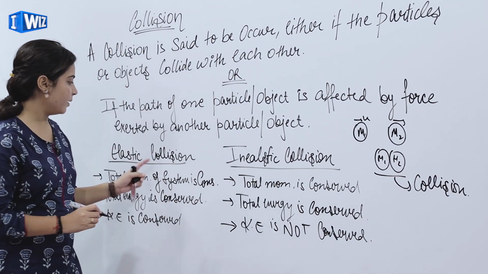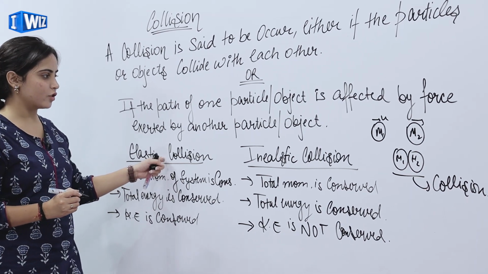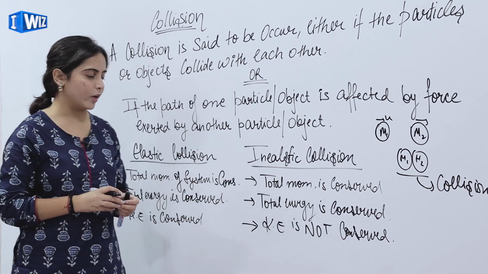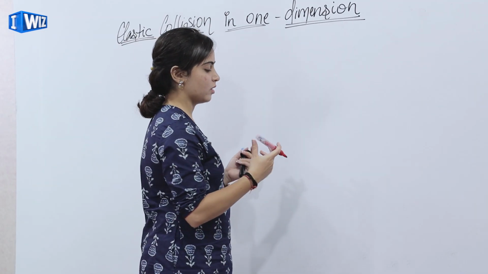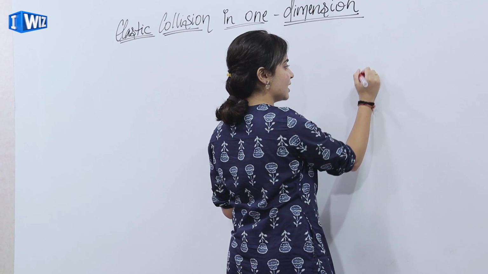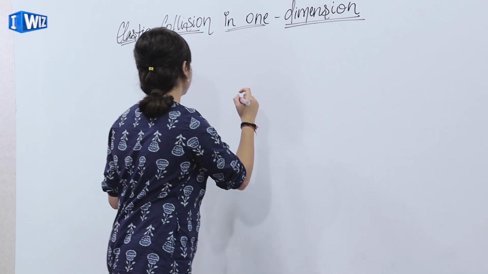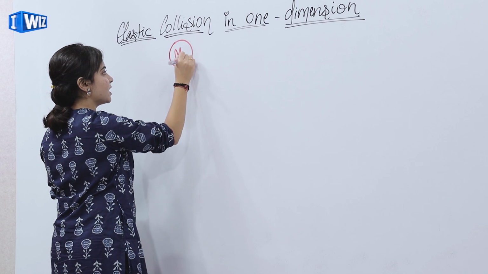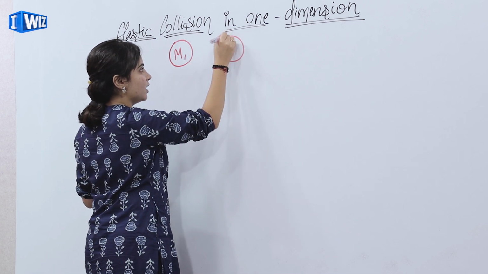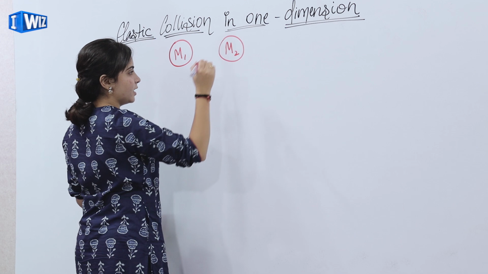So we'll study both the collisions, elastic collision and inelastic collision, one by one. Now let's study elastic collision in one dimension. For that, consider I have two particles. One is of mass m1 and the other is of mass m2.